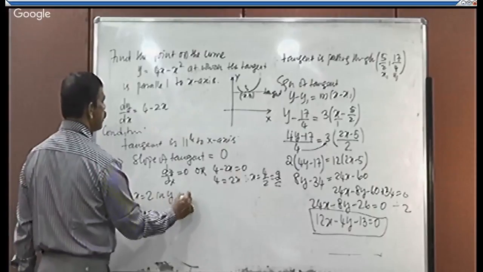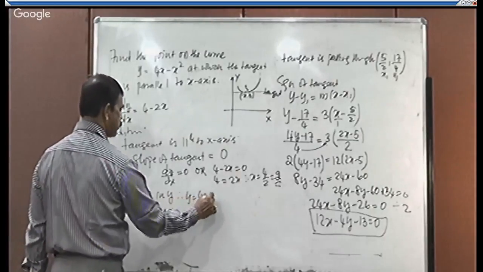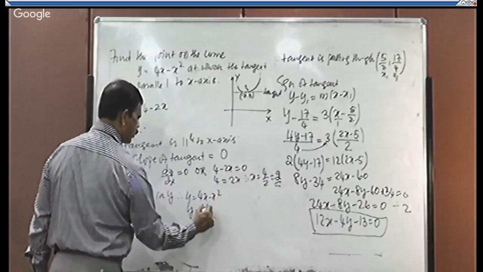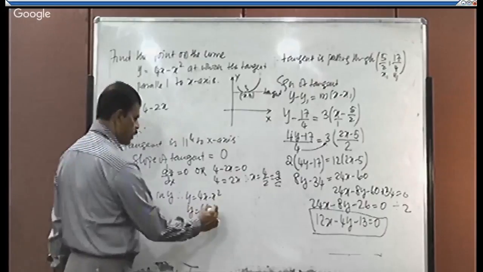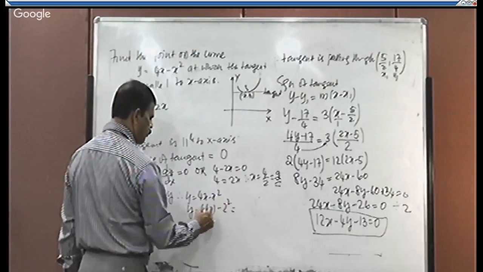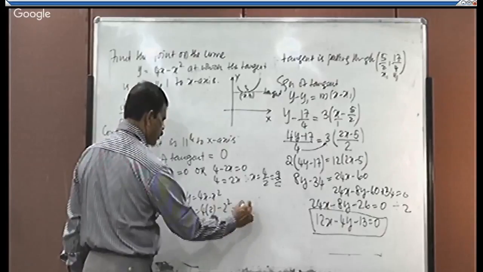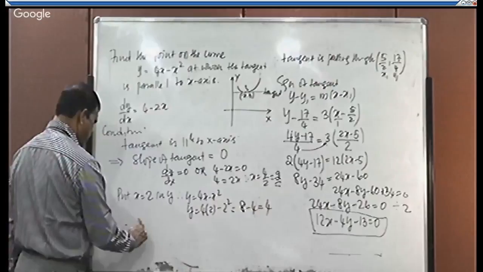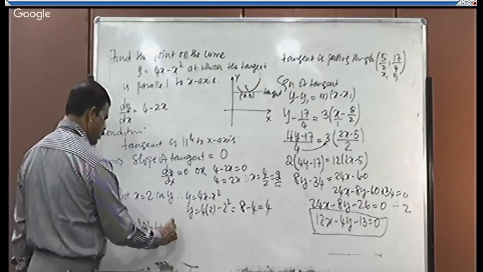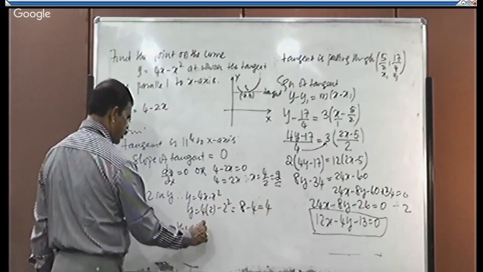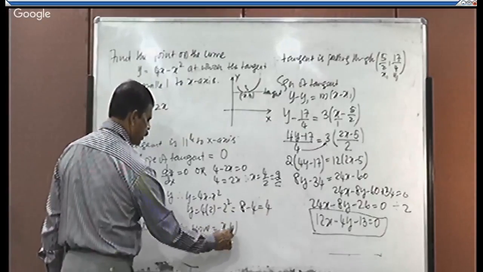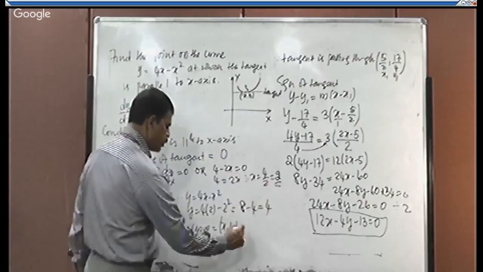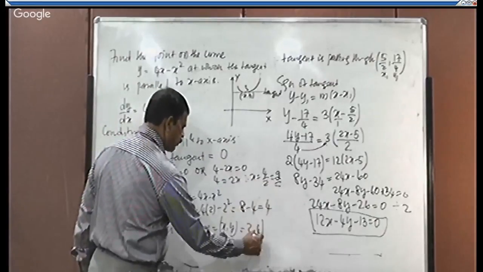Therefore, y is equal to 4x minus x square, or y is equal to 4 into 2 minus 2 square, 8 minus 4, which is 4. Therefore, the point on the curve is x comma y. X is 2, comma y is 4.